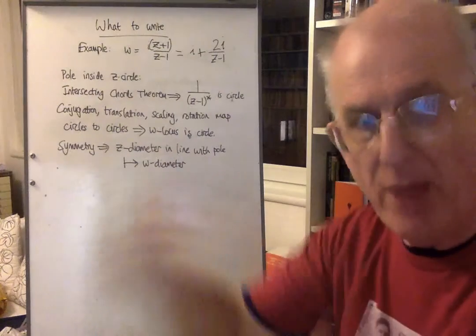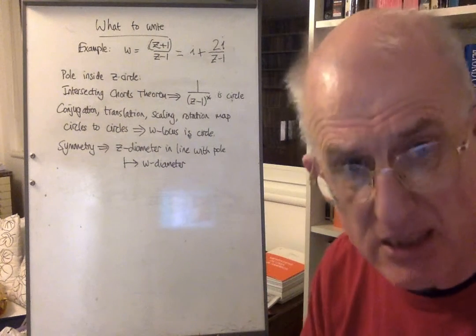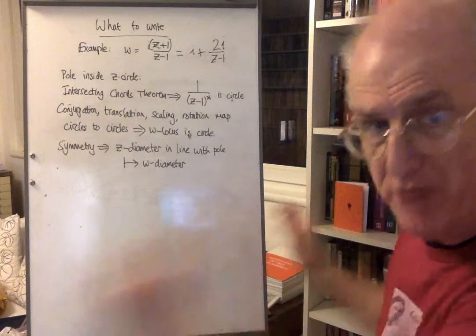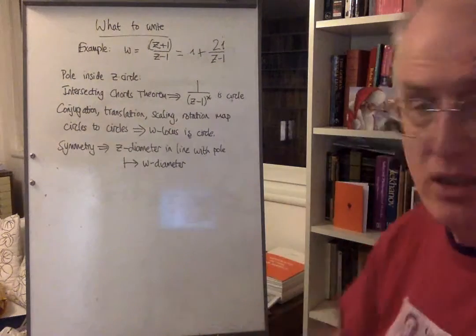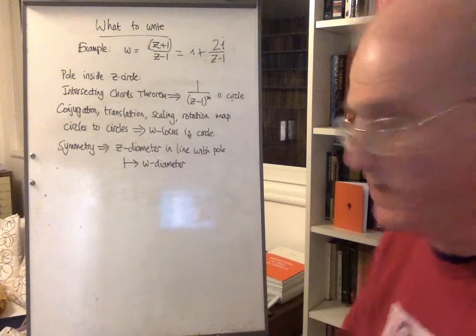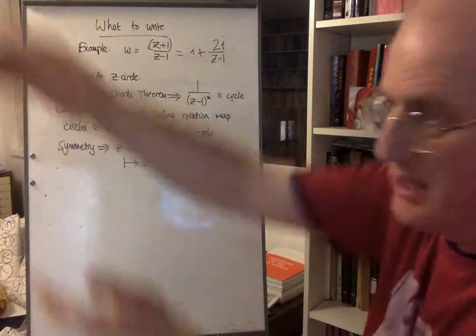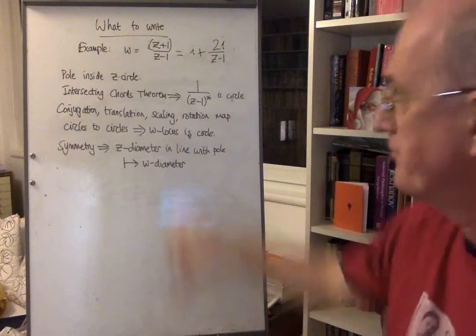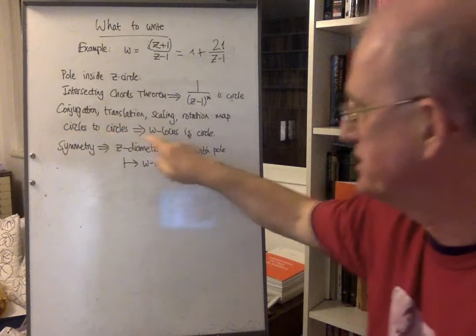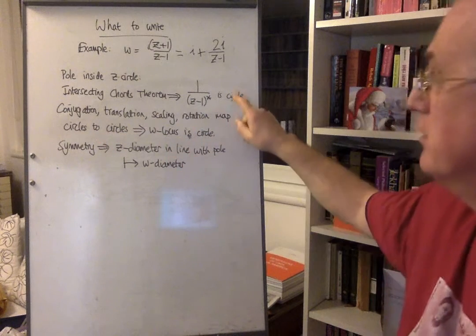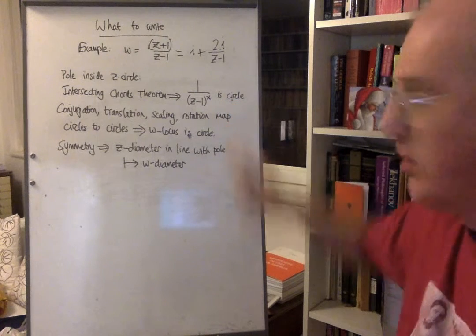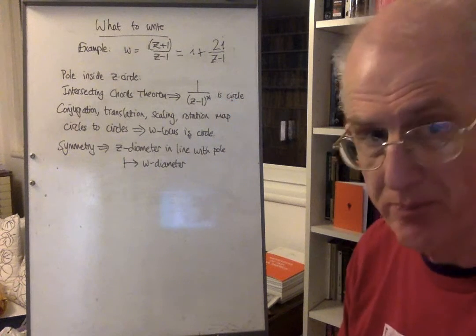If you flip a circle in the real axis, it's still a circle. If you shift it across, it's still a circle. If you scale it, enlarge it, or reduce it, it's still a circle. And if you rotate it, it's still a circle. So we can write conjugation, translation, scaling, rotation, map circles to circles. Therefore, it follows not only that that's a circle, but the whole w locus is a circle.